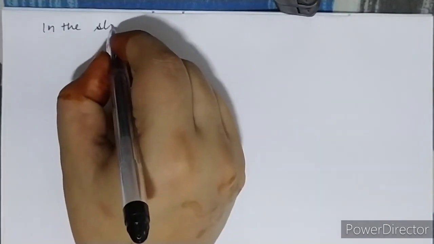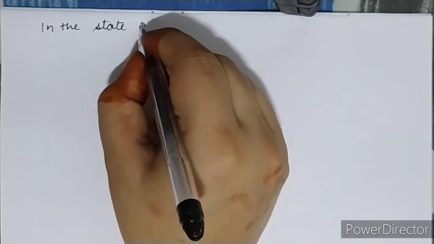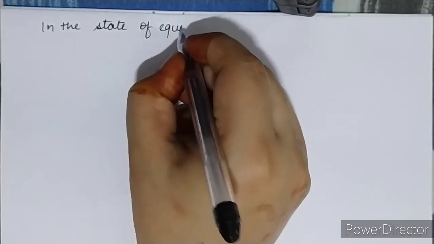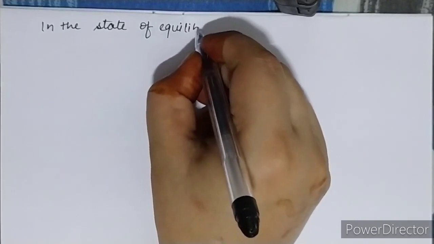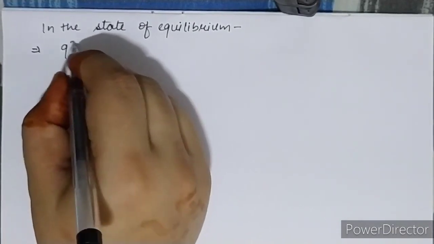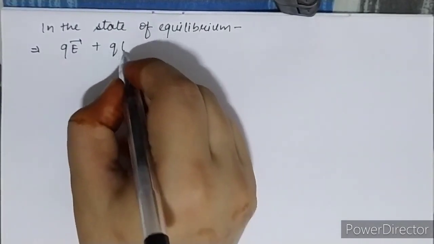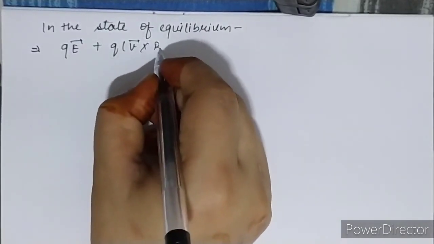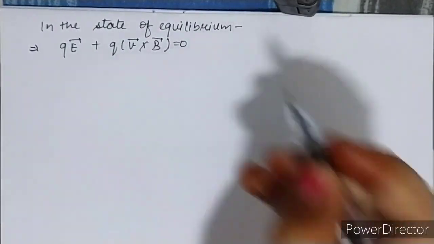So in the state of equilibrium, what? qE plus qV cross B is equals to 0.